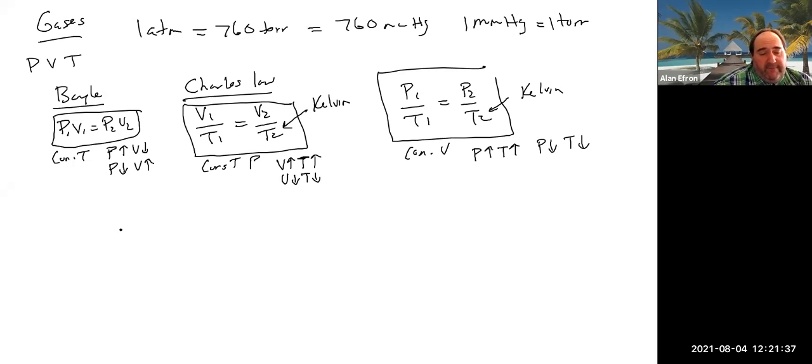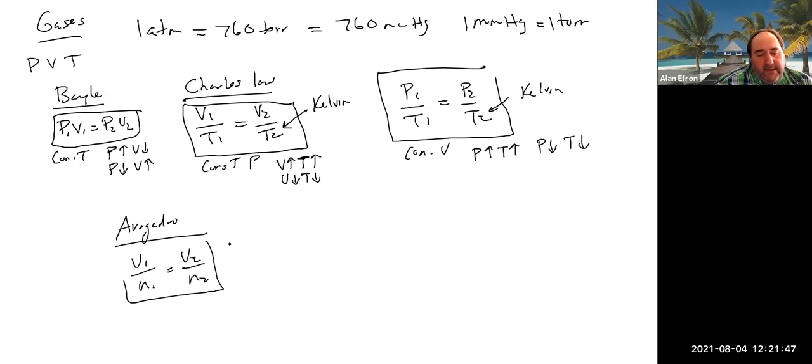We also talked about our good friend Avogadro. Again, he had a number, but he also had a law, which is V1/n1 = V2/n2. This is at constant temperature and pressure. And basically, n is the number of moles of the gas. We also saw a unique relationship here: as the volume increases, so does the number of moles.